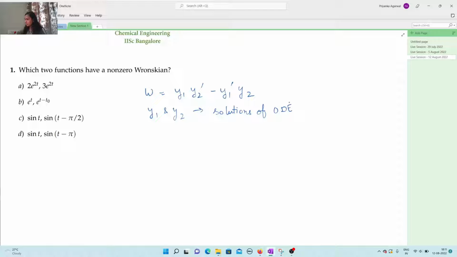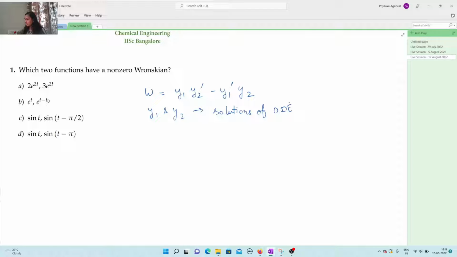Therefore, y2 can be written as 3 by 2 times y1. Thus, these are linearly dependent, and therefore the Wronskian will be 0. So, definitely this is not the answer.